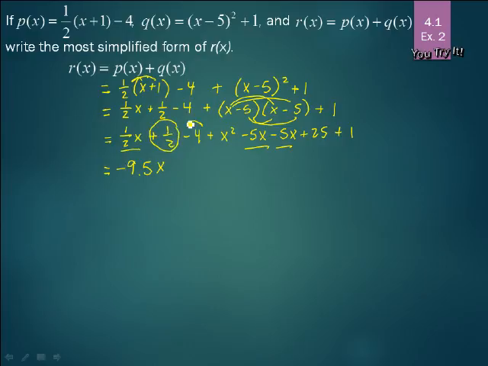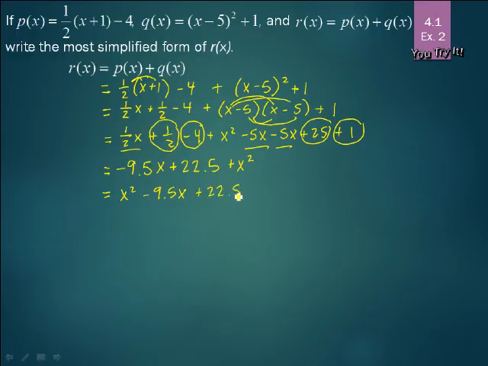So we have positive 1/2, negative 4, positive 25, and positive 1, excuse me. So we have 26 there, and then plus a negative 4, that's 22, and then plus 1/2, that's 22.5. So we have plus 22.5, and then don't forget we still have an x squared there. And so now we can rewrite this as x squared minus 9.5x plus 22.5.